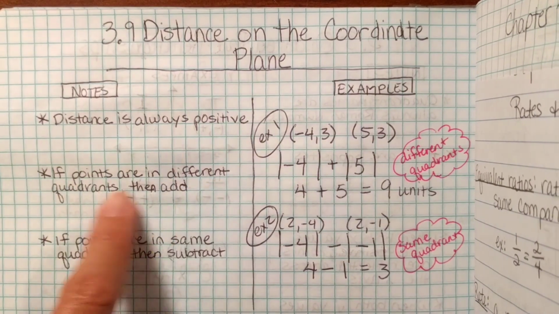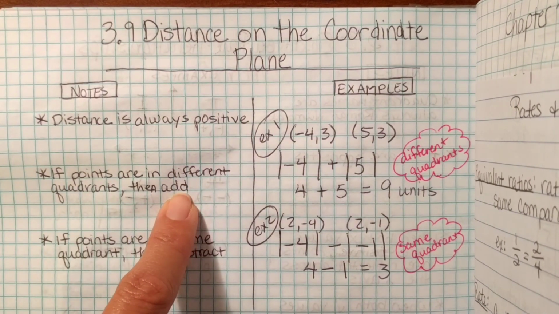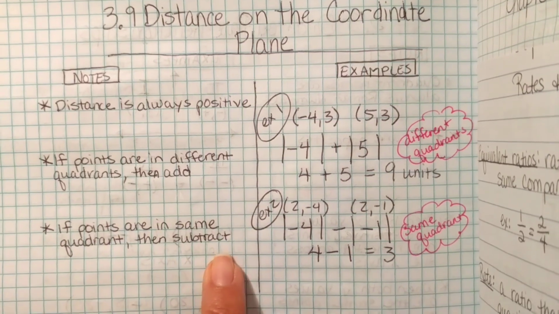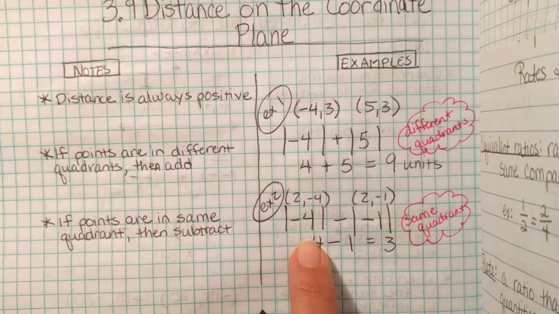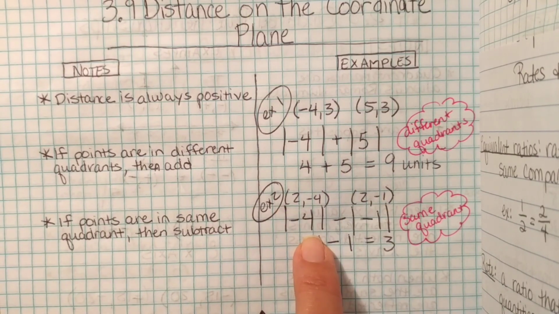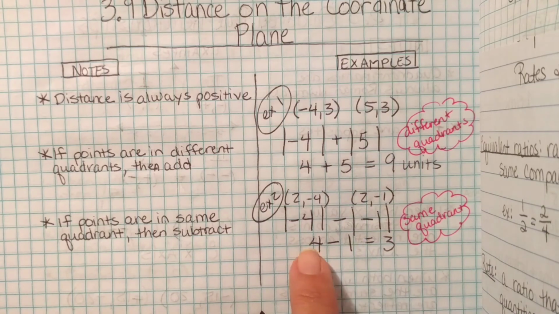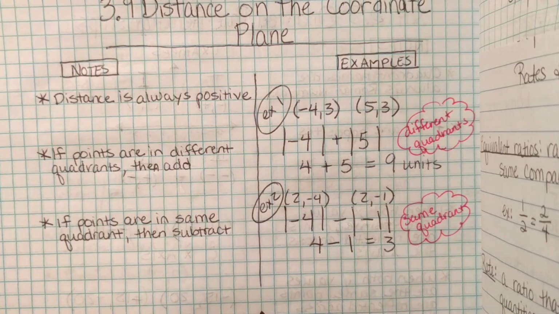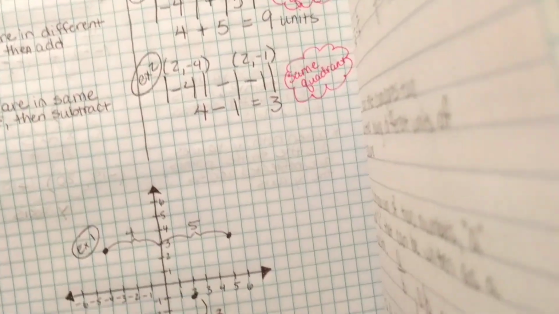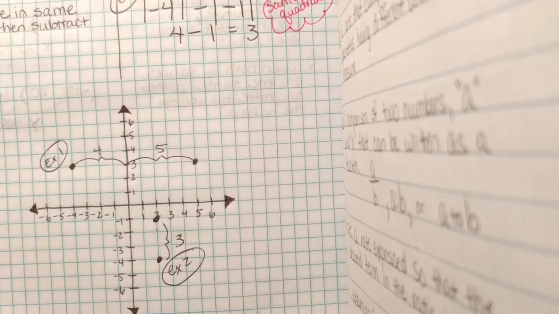If the points are in different quadrants, then add. If the points are in the same quadrant, then you subtract. So the absolute value of -4 minus the absolute value of -1 is 3. And again, if you can just graph it, you can count.